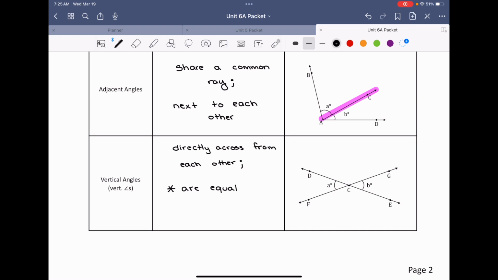So meaning angle A equals angle B. And if we take a look, these angles are forming an X. They're directly across from each other, so they are the exact same angle.